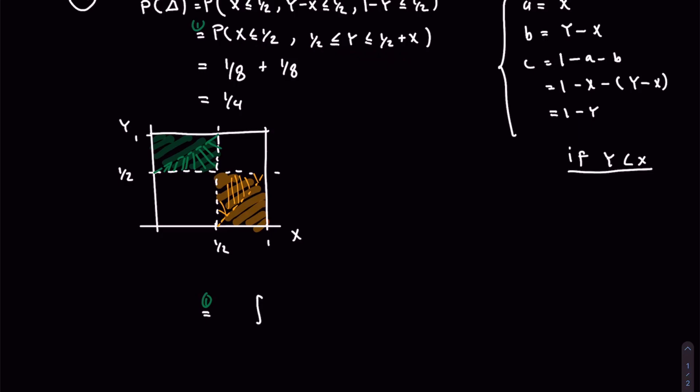So the inner integral goes from a half, over the y space. I have to take the joint PDF. So we're doing dy first and then dx. And the outer integral goes with x starting from 0, going up to a half.